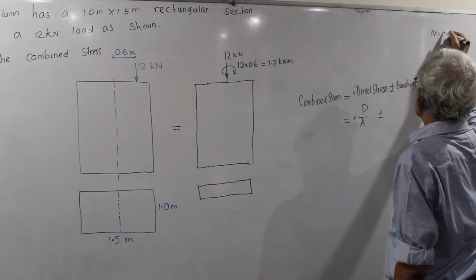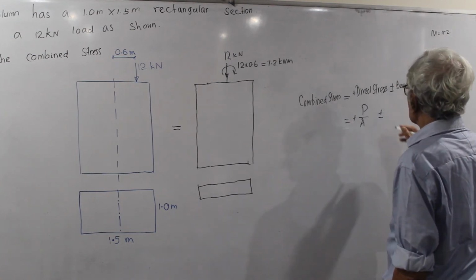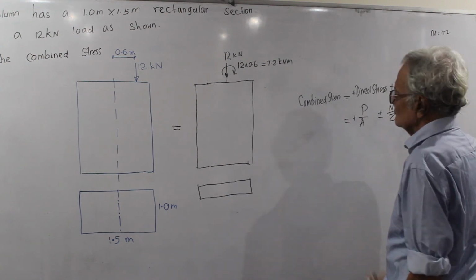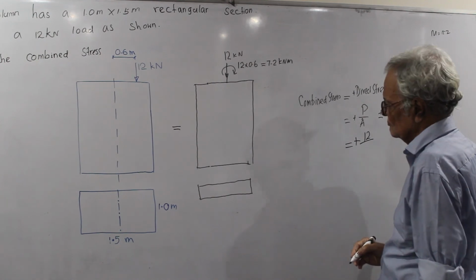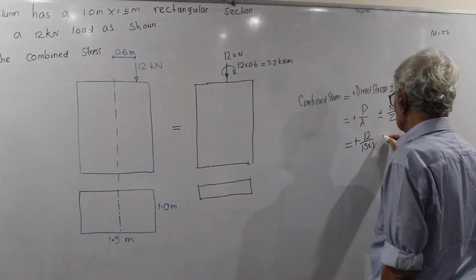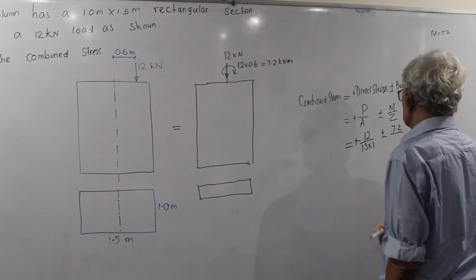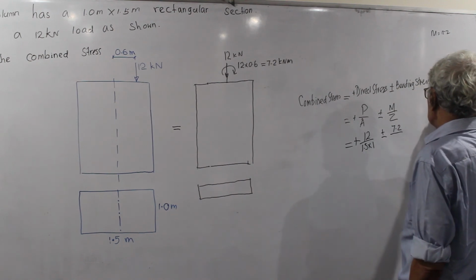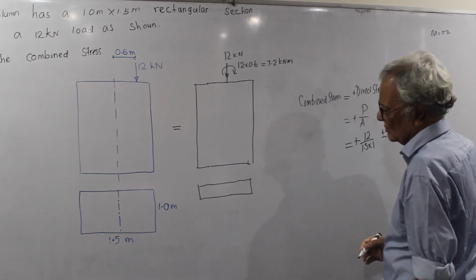M equals sigma Z, so sigma equals M over Z. Z equals 1/6 times 1.